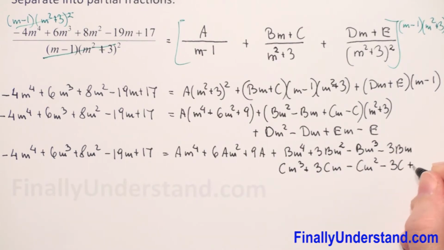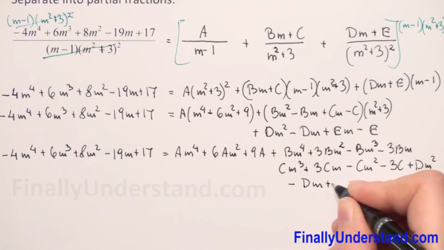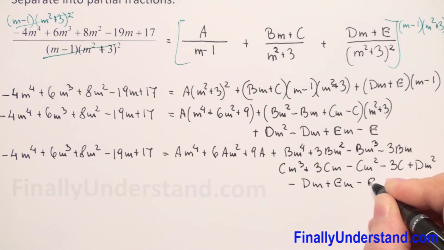So we have plus dn squared minus dn plus en minus e.